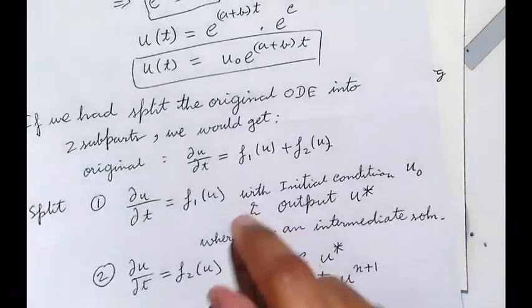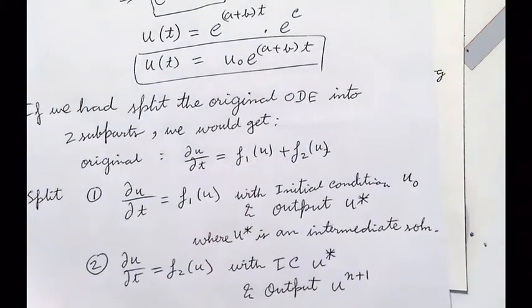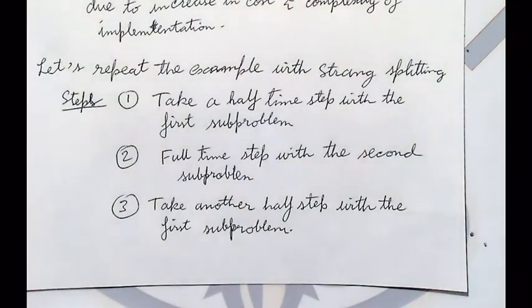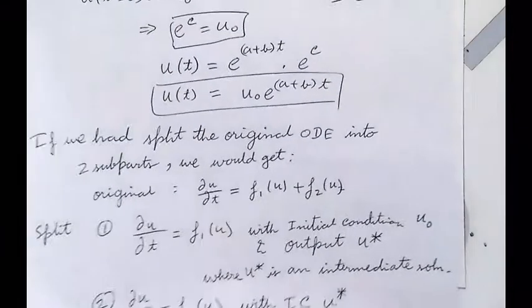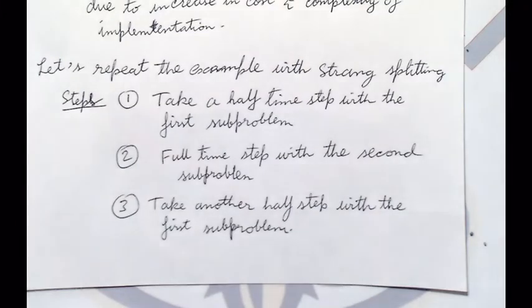And I will use this example to just quickly go over strand splitting. Here we started with f1, now we will start with f2 for strand splitting. Okay? So everything makes sense? Yeah, it's very simple. Once you get your head around it, it makes sense. So, as we said, let's repeat the example with strand splitting.